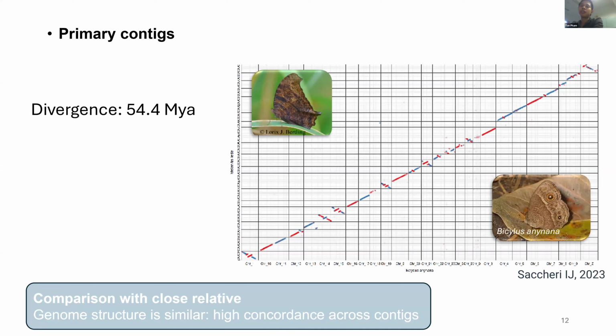I also compared this species with another species from the same subfamily.